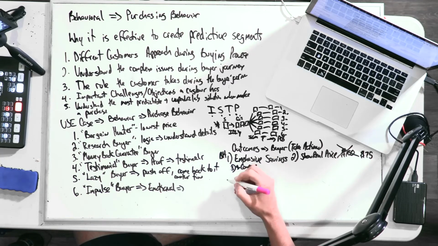For my research buyer, this is where logic is extremely important, right? So what we want to do here, number 1, is make sure that they have all the details.